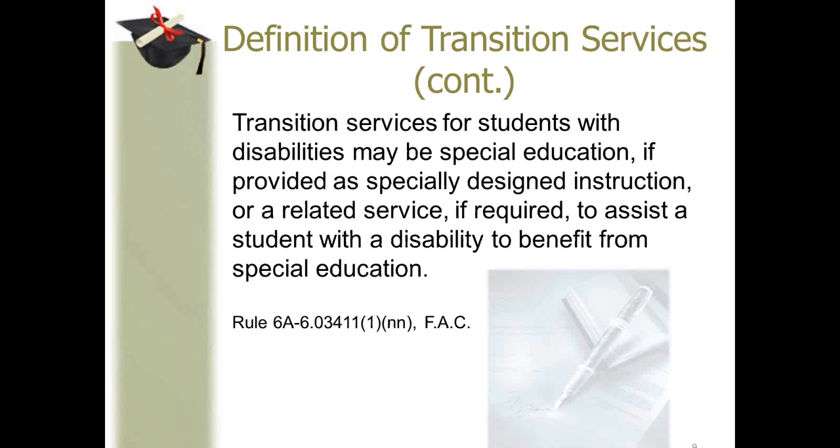Transition services for students with disabilities may be special education if provided as specially designed instruction, or a related service if required to assist a student with a disability to benefit from special education.